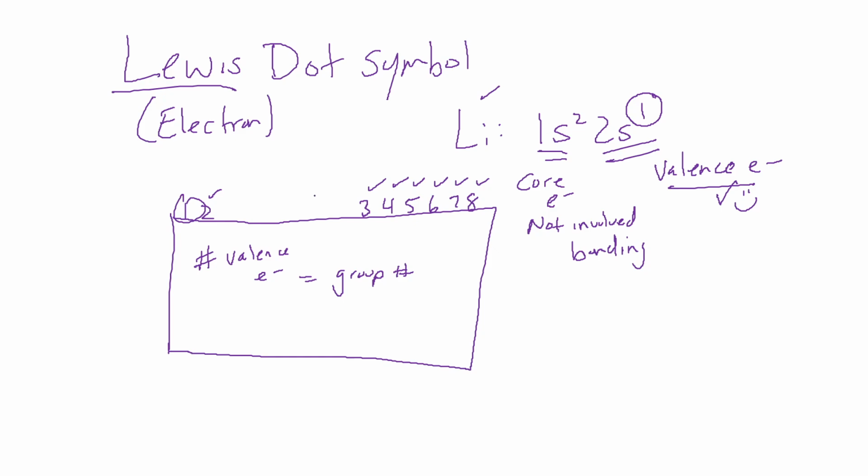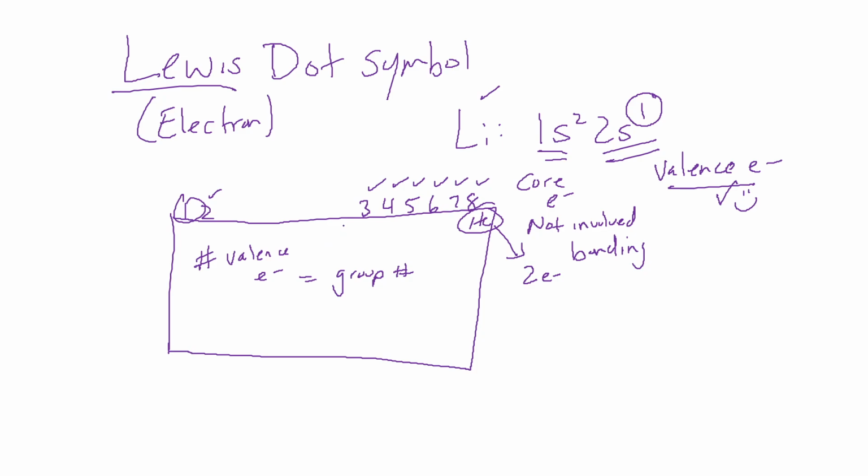One exception is our friend helium. Helium only has 2 valence electrons because it only has 2 total electrons. So it does not have 8. Everybody else in group 8, your neon, your argon, your krypton, all the ons in group 8, will have 8 valence electrons.